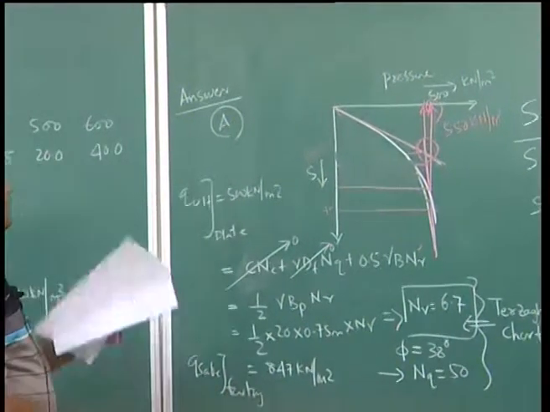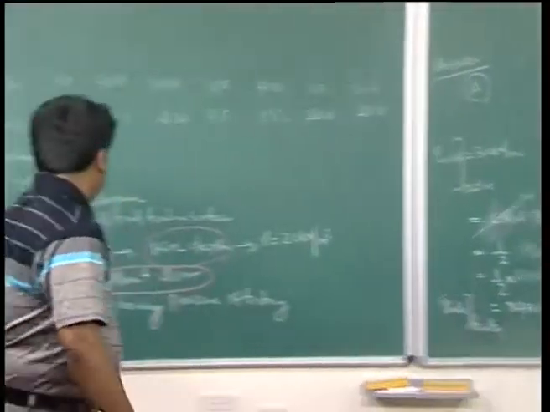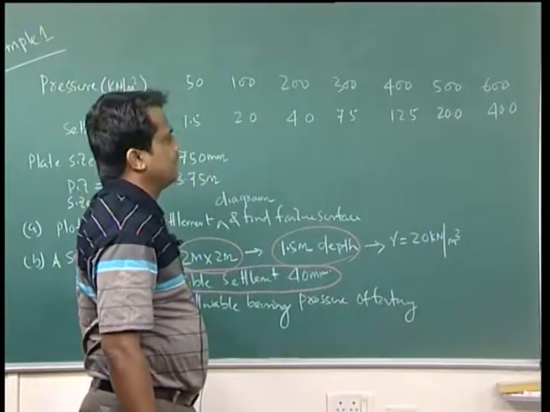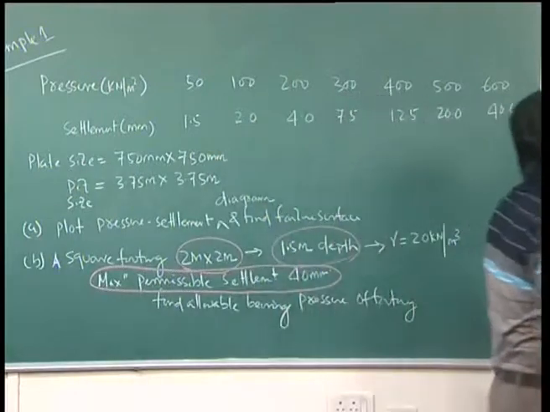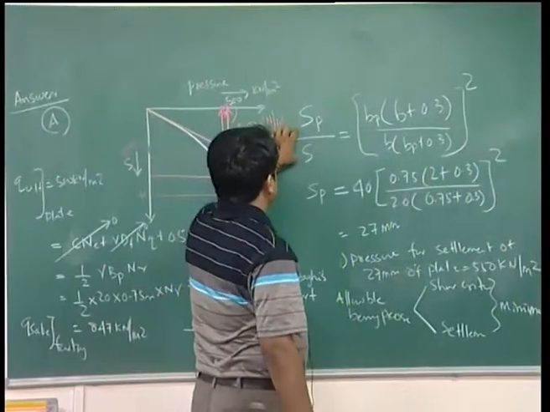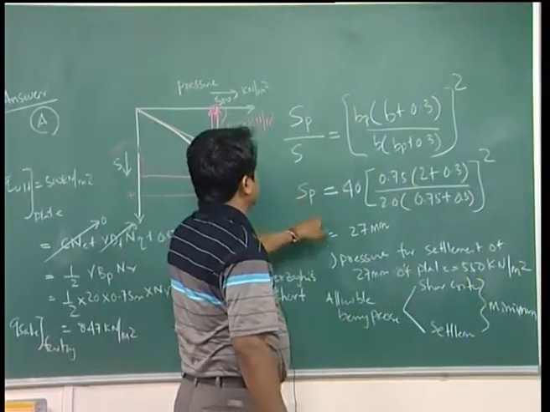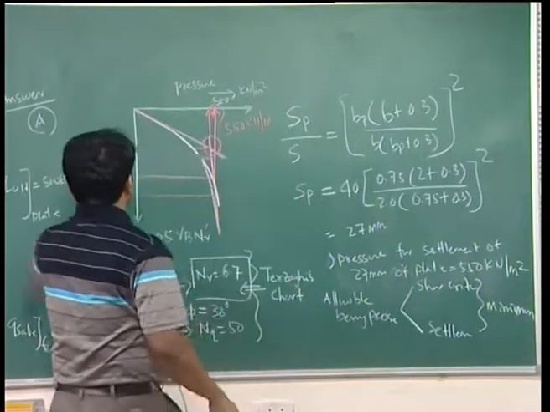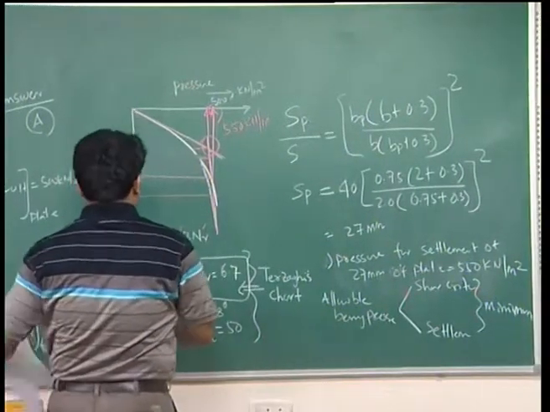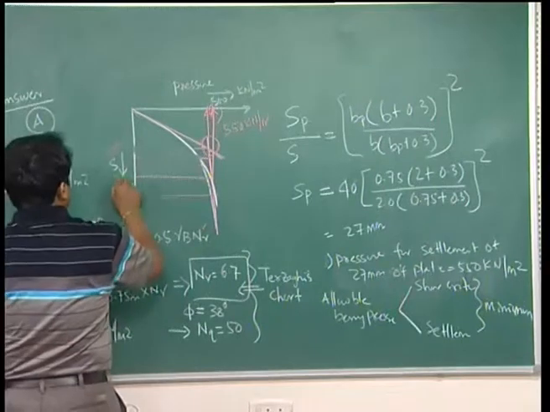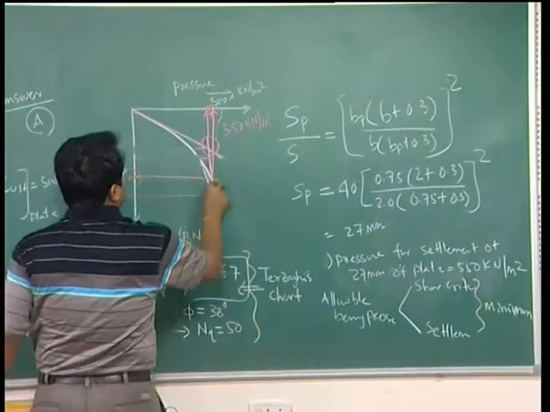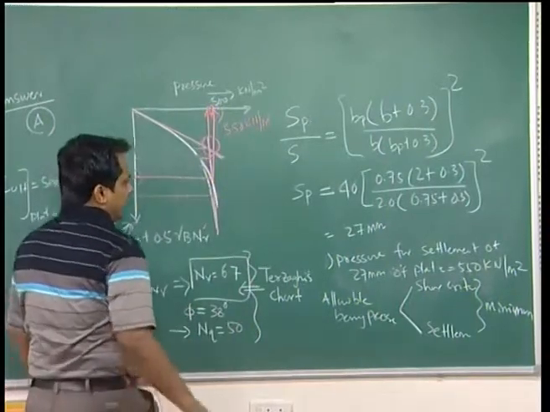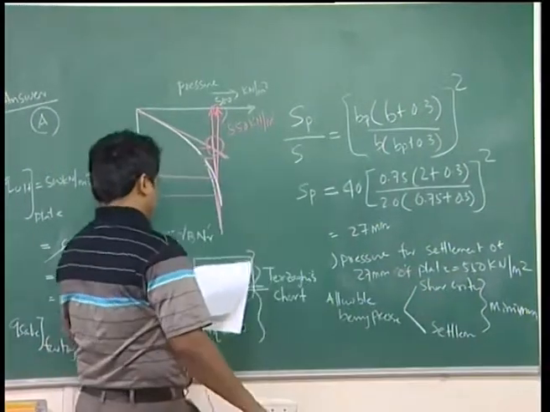Now, based on settlement criteria, the maximum permissible settlement of footing is 40 mm. From the settlement correlations, the settlement of plate is 27 mm. With corresponding to 27 mm, how much is your pressure coming? 550 kilonewton per meter square.